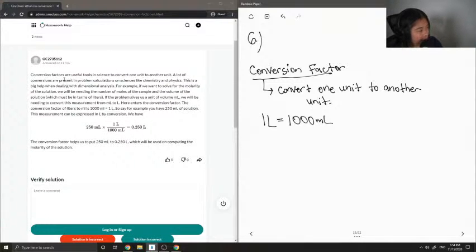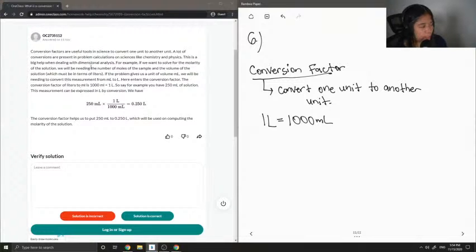Conversion factors are useful tools in science to convert one unit to another unit. A lot of conversions are present in problem calculations in sciences like chemistry and physics. This is a big help when dealing with dimensional analysis. For example, if we want to solve for the molarity of the solution, we will need the number of moles of the sample and the volume of the solution, which must be in liters.